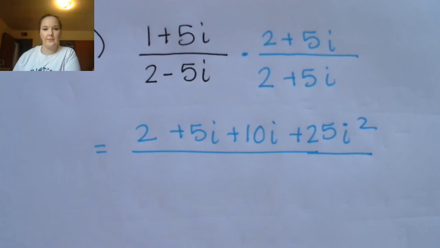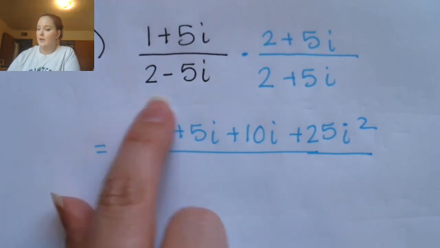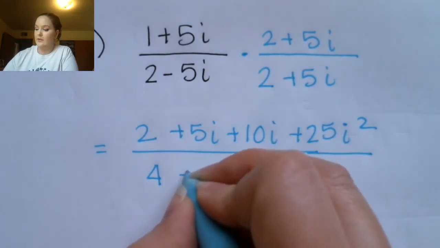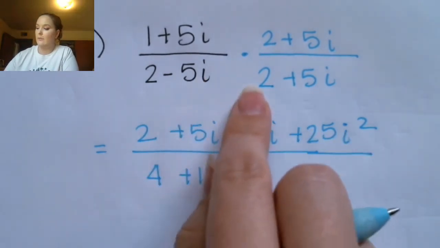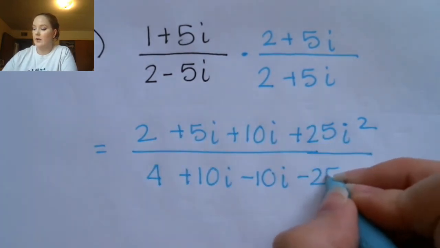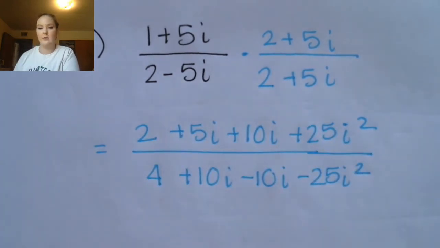Then in the denominator, 2 times 2 is 4. This is going to give me plus 10i minus 10i minus 25i squared.